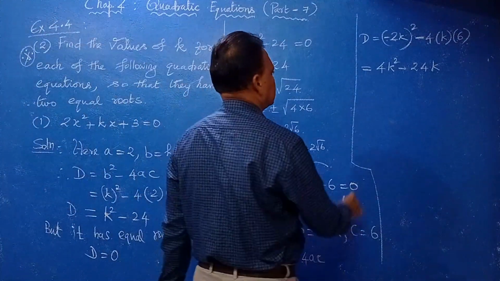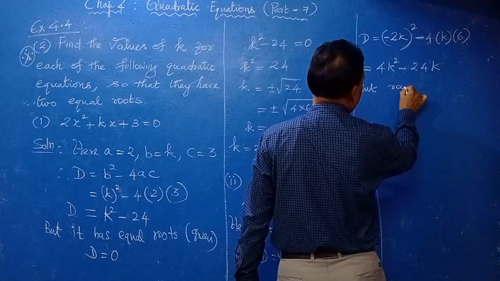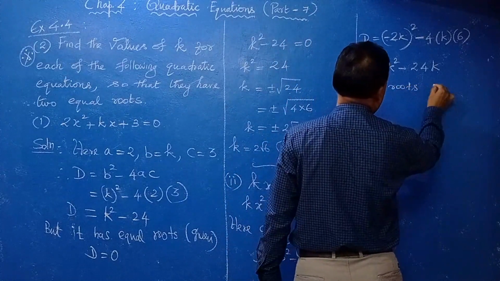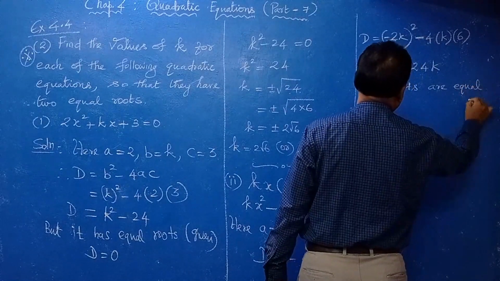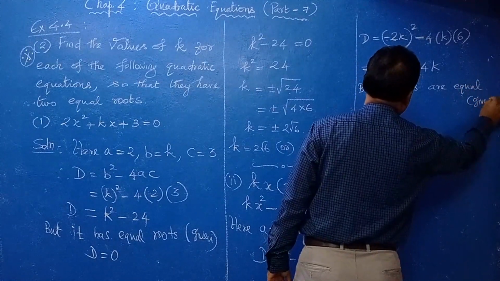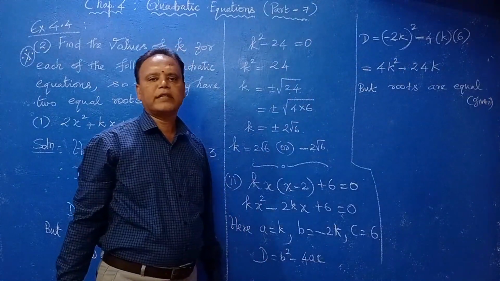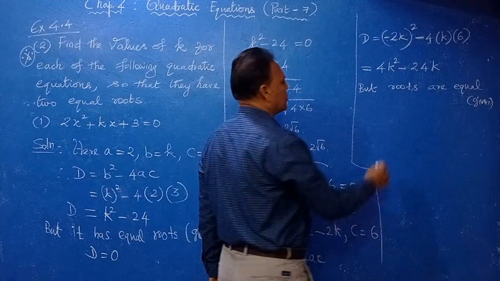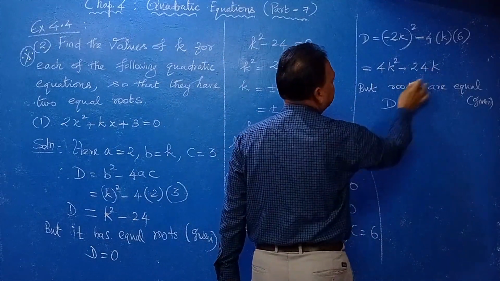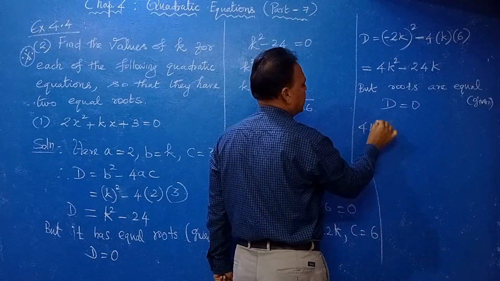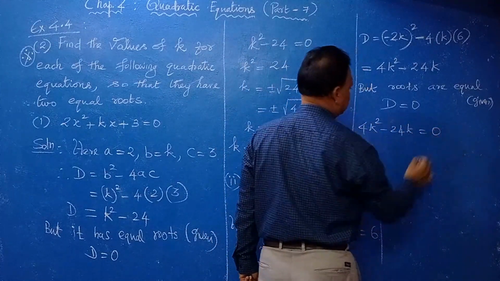Now it is given that roots are equal. When the roots are equal, D equal to 0. So what you have, D is 4k squared minus 24k equal to 0.